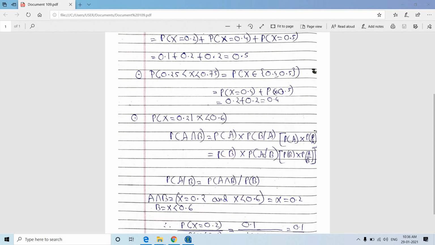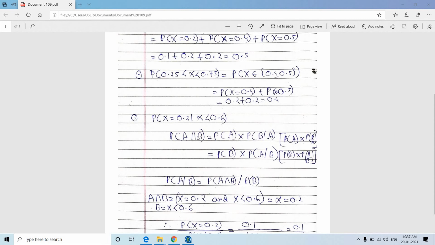Here is the formula, very simple: P of A intersection B is equal to P of A multiplied by P of B given A. That is, A and B occur simultaneously: the probability that A has occurred, and the conditional probability that B will occur where we know A has already occurred. We write it like P of B by A.